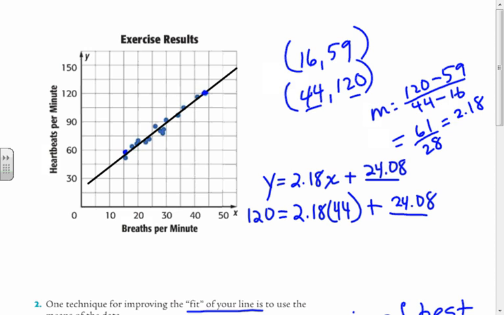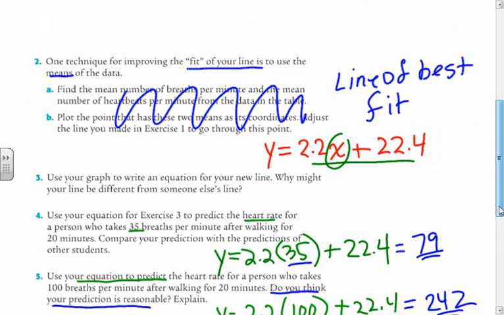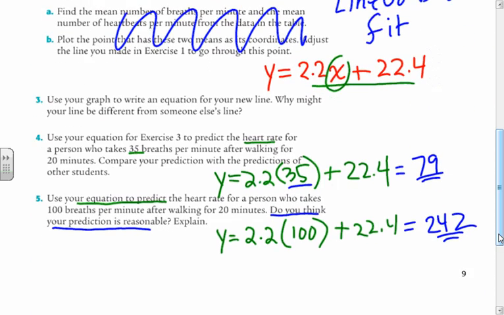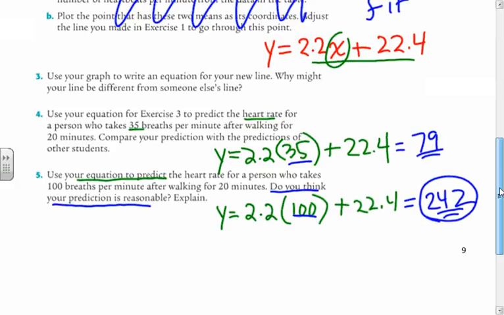Now, the second problem I did was finding it for 100 breaths per minute, which was outside our data. When that happens, it's a little more risky. In fact, I'm not sure this makes sense, because 242 beats per minute is probably more than at least my heart can beat.